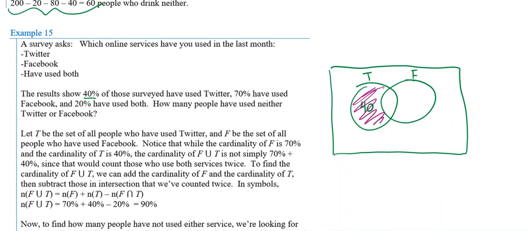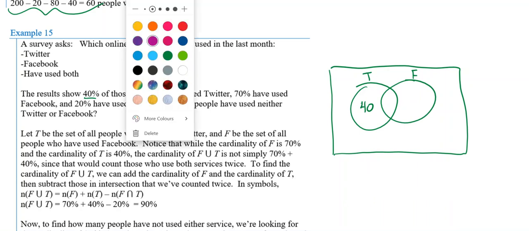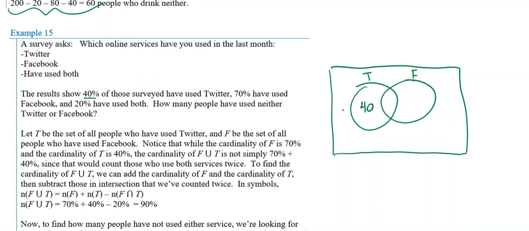What I want here is 40% of people who use Twitter, the whole circle itself. So to keep myself from getting confused, I draw a little bracket on the outside showing that this is 40. This reminds me that the whole circle, all of it, is 40.